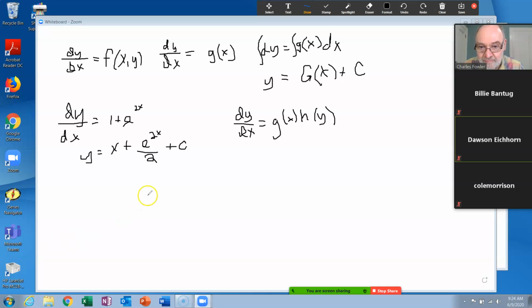Here's one. dy/dx is equal to y squared x e to the 3x plus 4y.